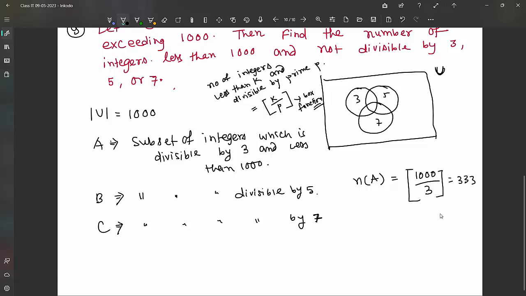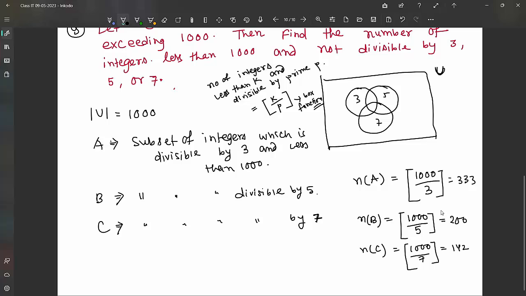We only take the integer value. N of B is the floor of 1000 by 5. What is the value? 200. N of C is 1000 by 7. Tell me the value. 142.